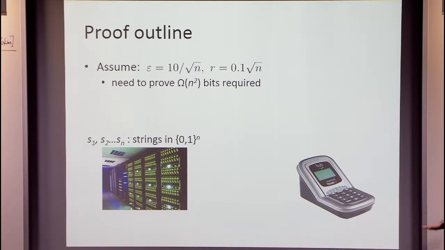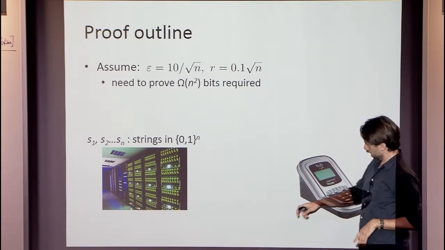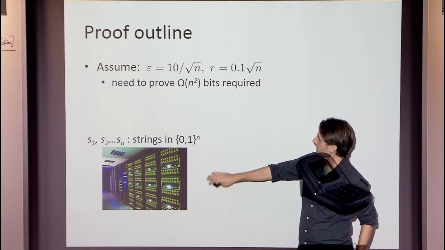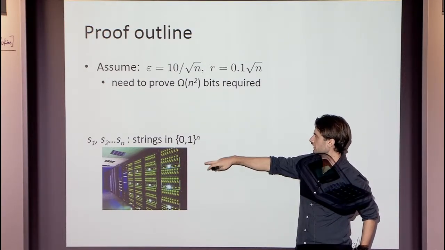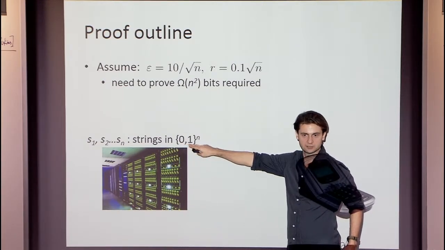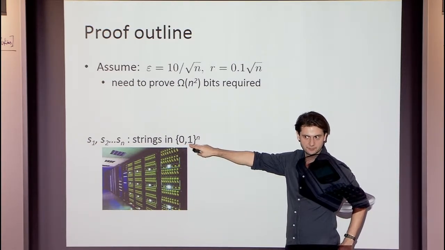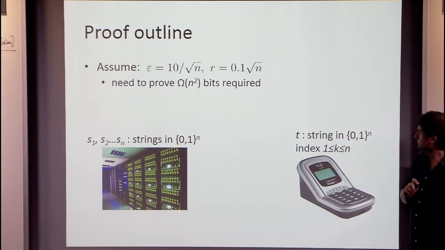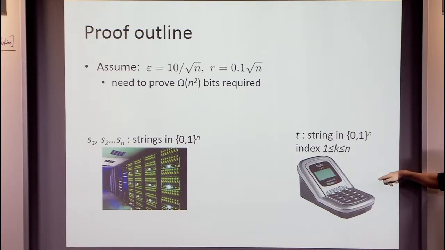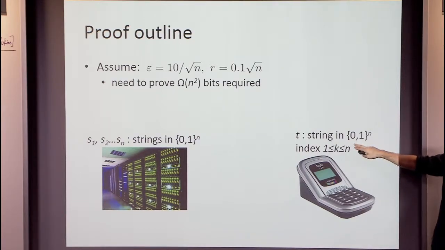Alice, which has lots of storage, will have as input n strings, each a Hamming vector of length n. So there is a total of n squared bits. Bob has much less information. It has a string, which is a Hamming vector of length n, and an index between 1 and n, index k.